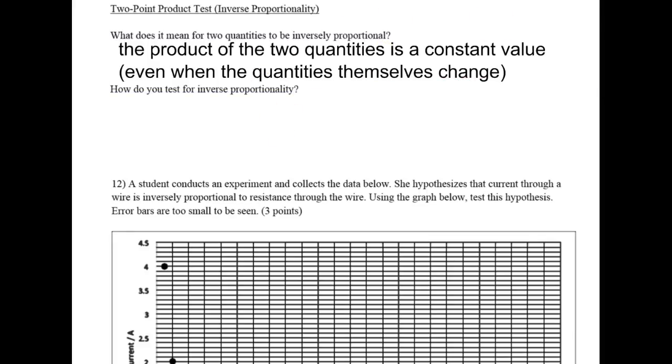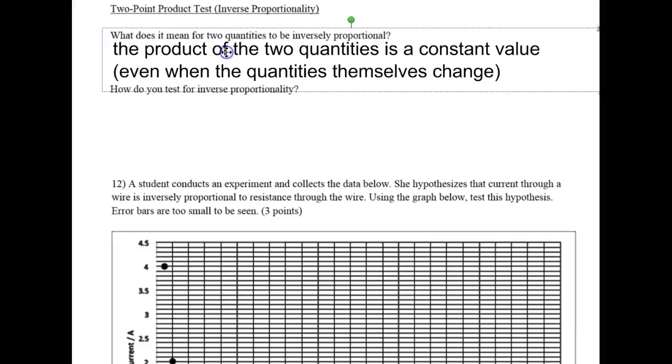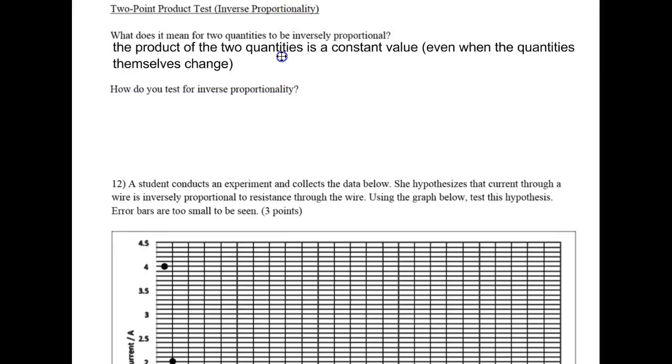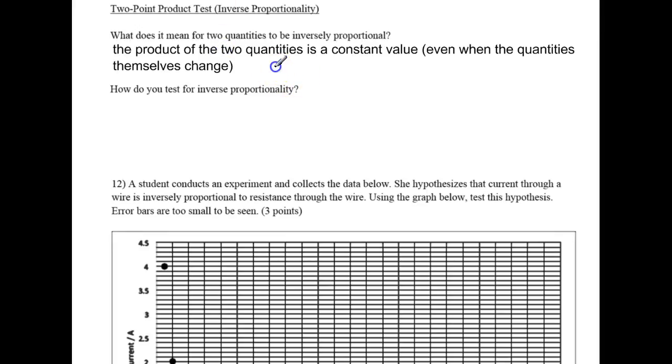So even if you change the value of the quantities, their product will always be the same thing. We can write this simply with mathematics. We can say A is proportional to the inverse of B, or A is inversely proportional to B, if A times B is a constant.